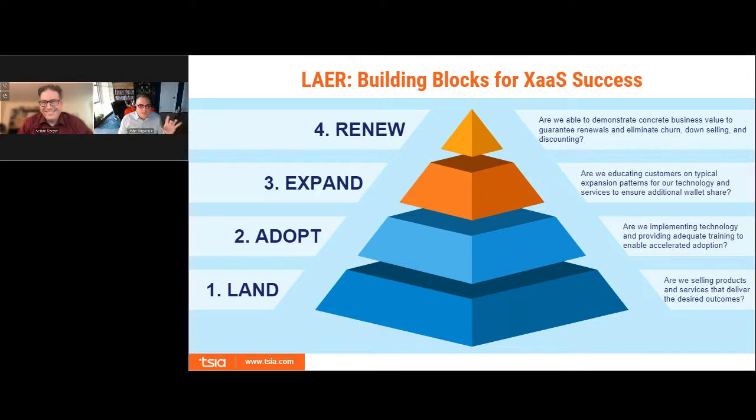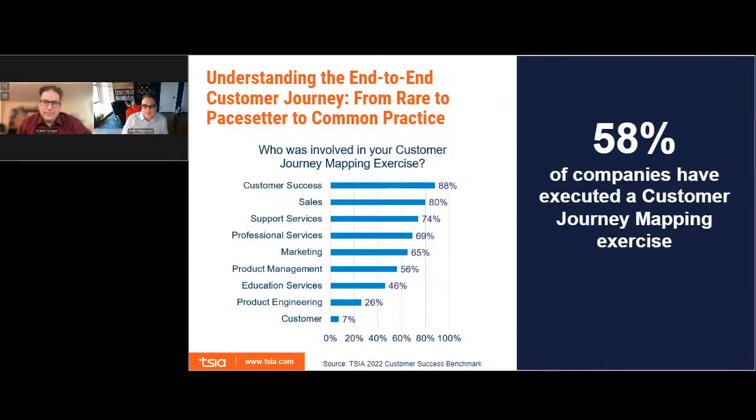These are two areas we haven't talked as much about, but there's definitely a role that communities can play. And this whole concept of customer journeys is becoming really hot right now. 58% of companies have executed a customer journey mapping exercise. I'm hoping that number keeps going up, because that means quite a few of you still haven't done that.